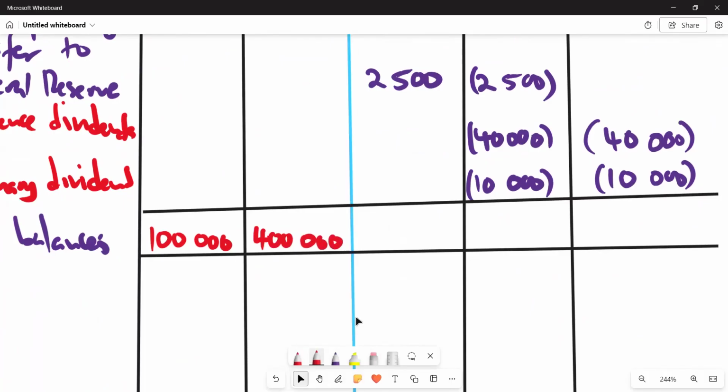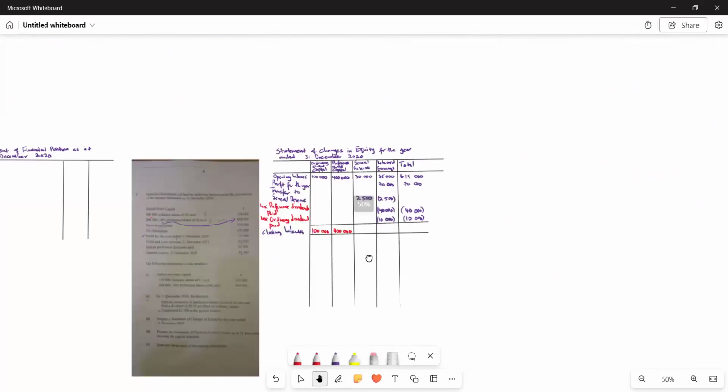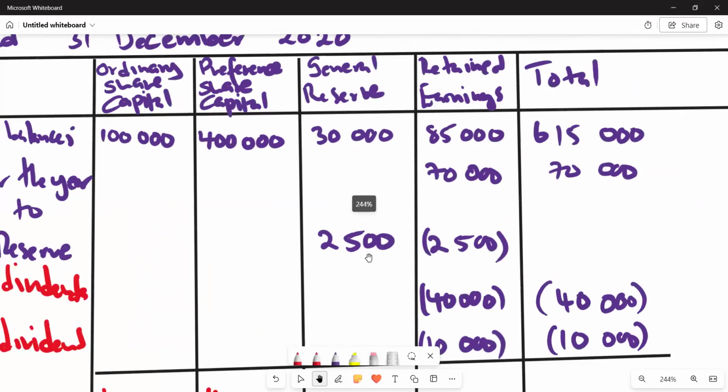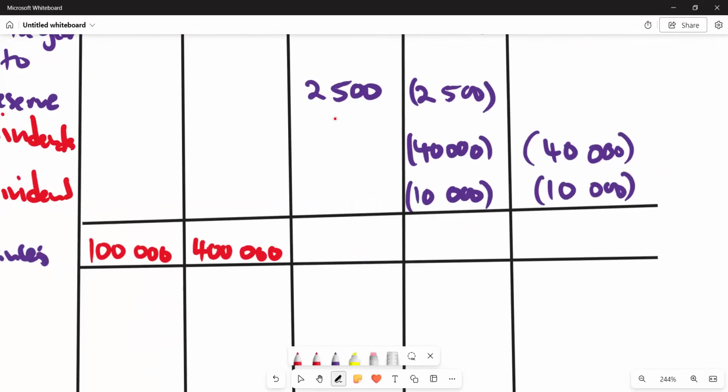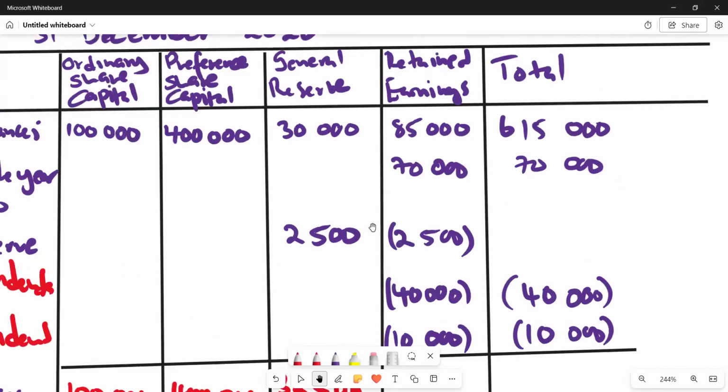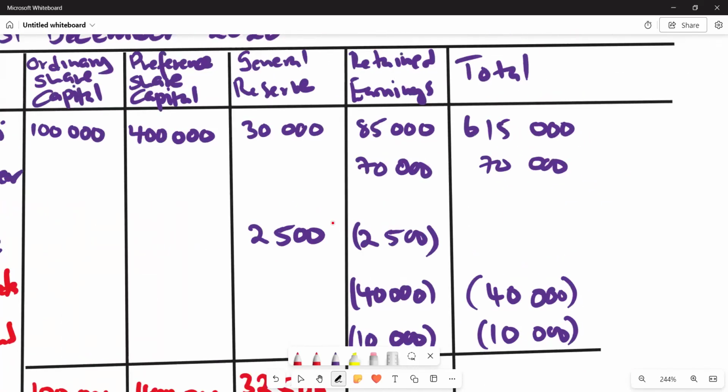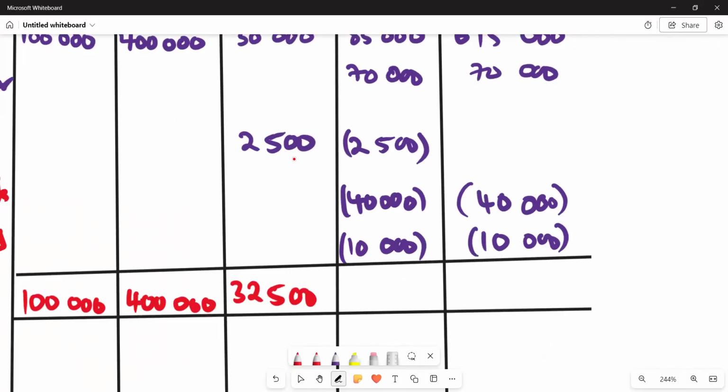Then we go to the next one, which is now our general reserve. And of course, we're saying 30,000 plus 2,500, and we are getting 32,500. Then the same applies to our retained earnings, whereby we're saying 85,000 plus 70,000 minus 2,500 minus 40,000. And then it also means minus 10,000. And then the net figure that we're going to get there becomes 102,500.